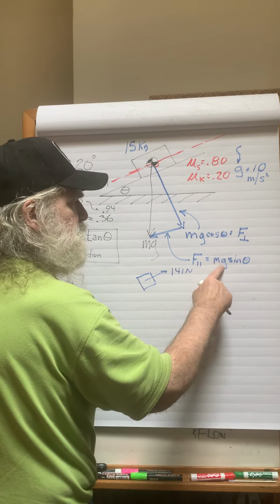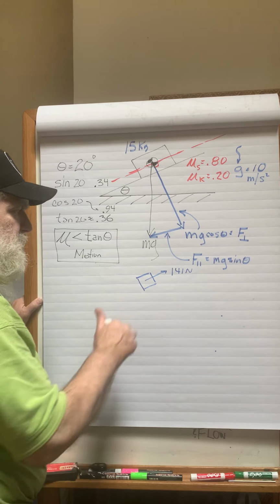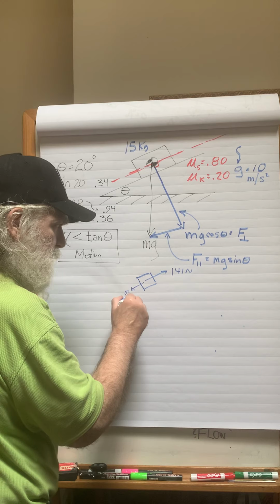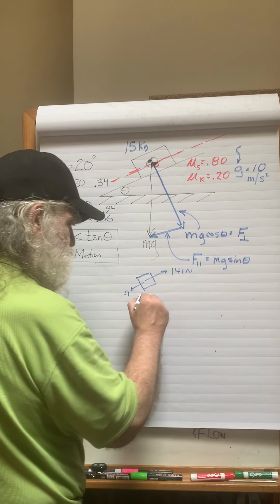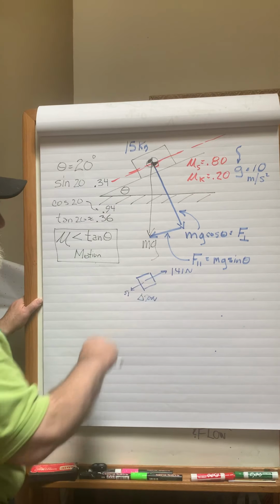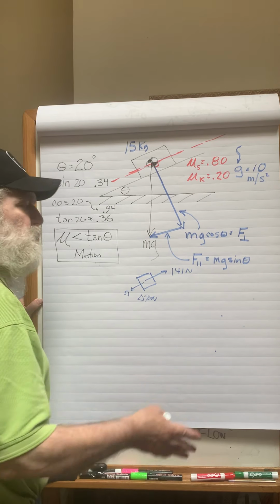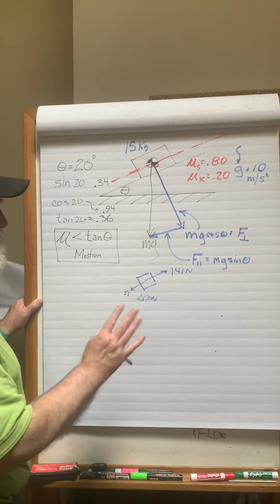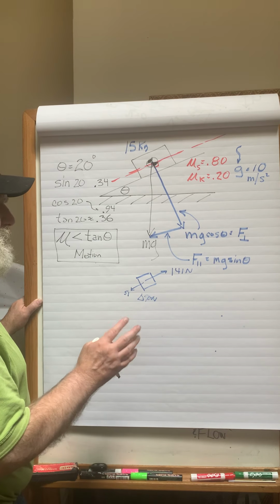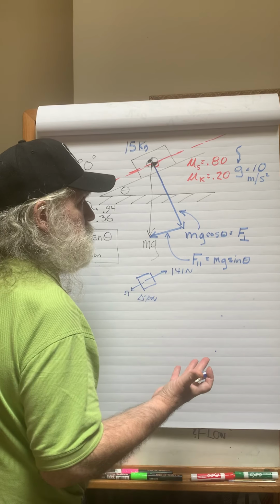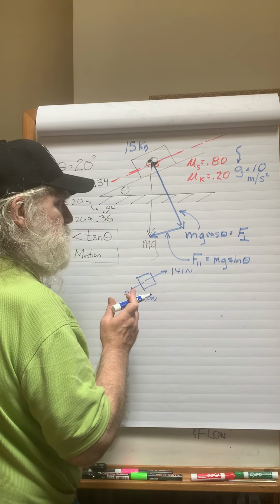And I have mg sine theta pulling down the plane in the vicinity of 51 newtons. So there's a delta of like 90 newtons. Whatever the difference is in those two, that's what you must push with to get the box moving. So it's easy to write the F net to get the box moving because F net will be 0 when the box just starts to slip.